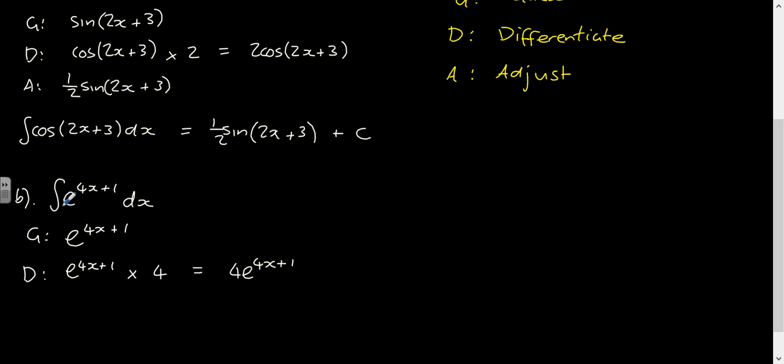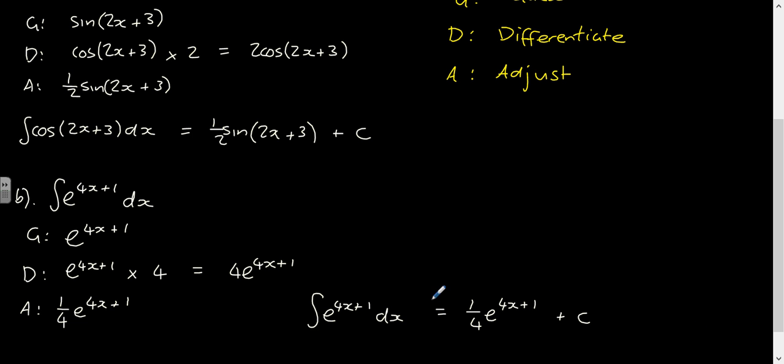Well, we wanted 1e to the 4x plus 1, and we've got 4e to the 4x plus 1. So our adjustment here, go back to the original guess, and divide it by 4. So our final result, if we integrate e to the 4x plus 1 with respect to x, we get 1/4 e to the 4x plus 1 plus c.